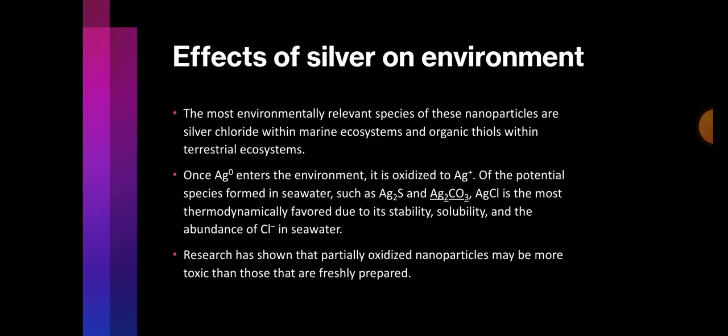AgCl is the most thermodynamically favored due to its stability, solubility, and the abundance of Cl- in seawater. Research has shown that partially oxidized nanoparticles may be more toxic than those that are freshly prepared.